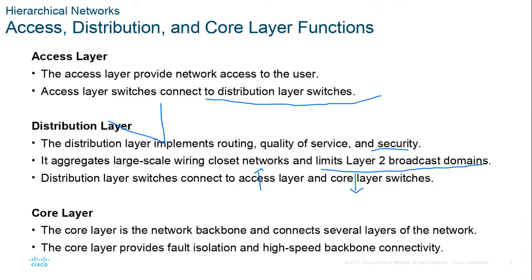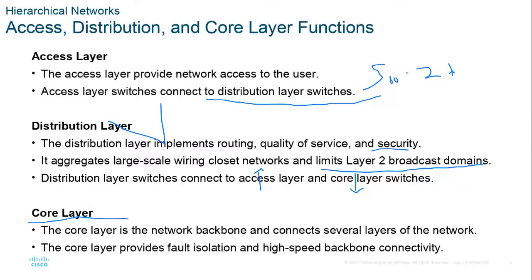So again, these are about $500 to $2,000 switches. The distribution layer switches are going to be $20,000 to maybe $500,000, and the core layer switches are going to be our super expensive $1 million and over combination routers and switches that connect everything together.